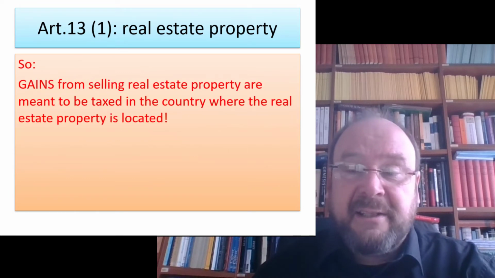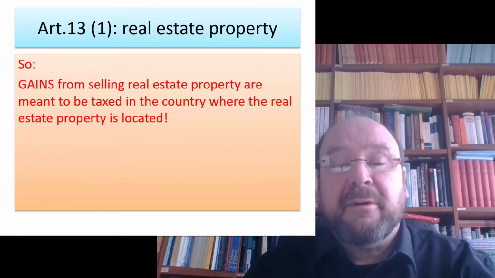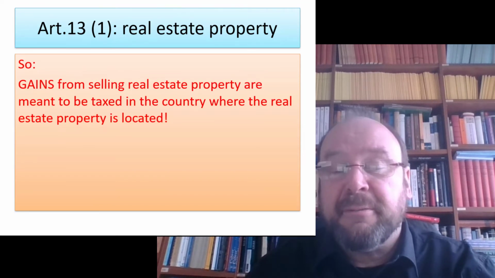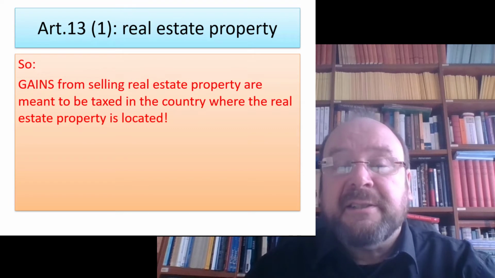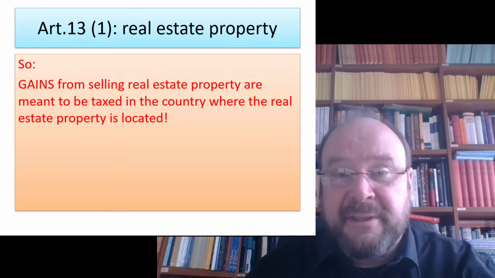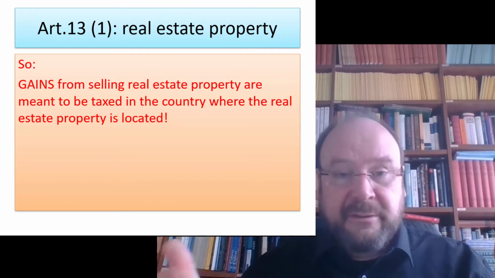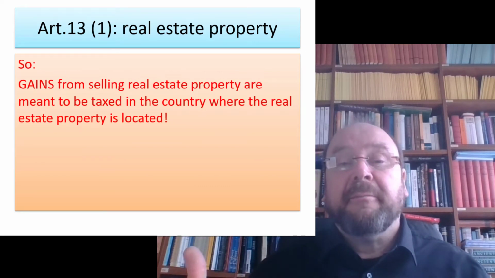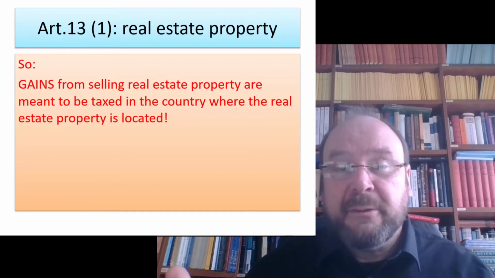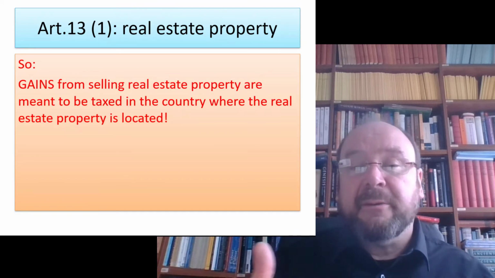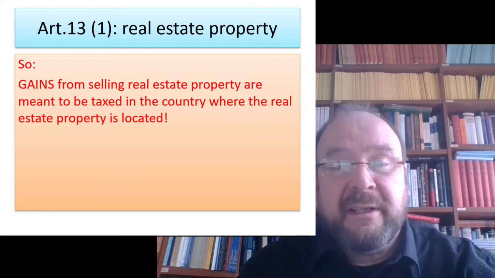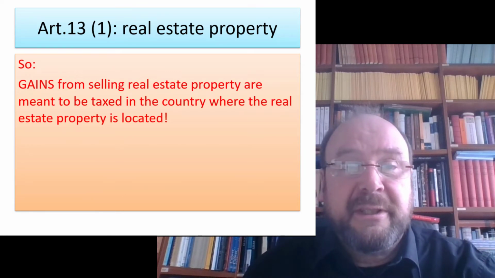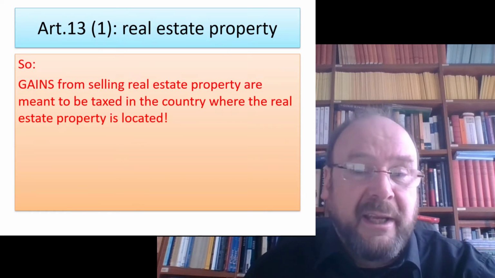That means gains from selling real estate property are meant to be taxed in the country where the real estate property is located. So the source state has a right to tax, and then your country of residence, you know that Article 23, will have to take back its own claim for taxes, partly or in full, depending on if they grant you the credit or the exemption method under Article 23B or 23A.